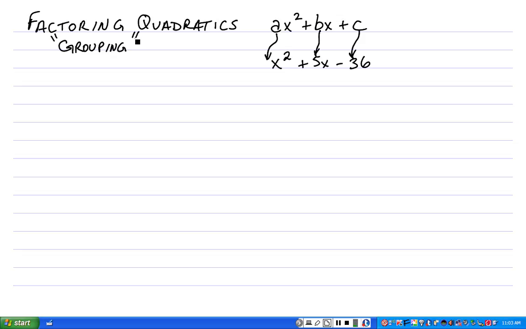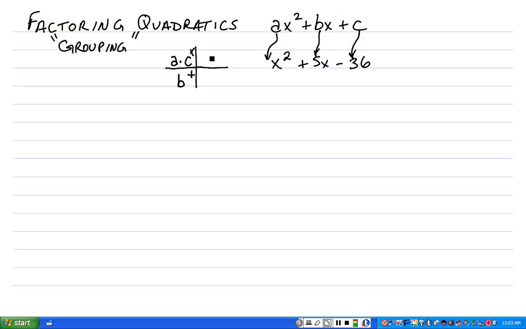Grouping says that we're going to make a little box or a little chart here, and what we want to do is multiply our a coefficient times our c coefficient, write a little x up there for multiplication, and then here we just write whatever our b coefficient is, and we write addition.